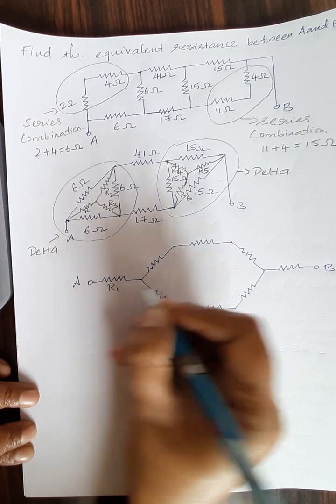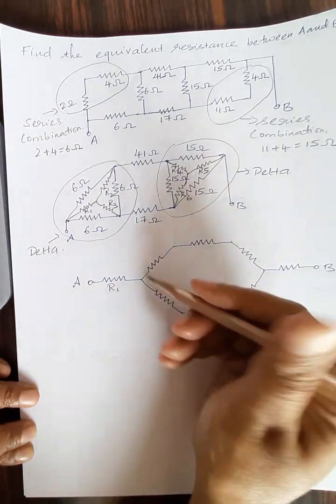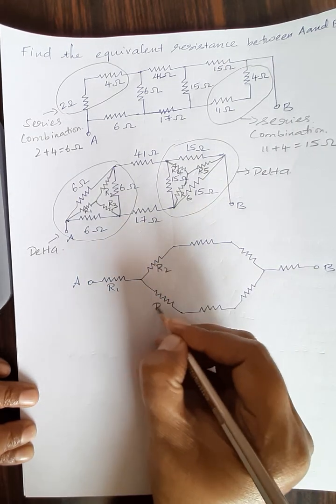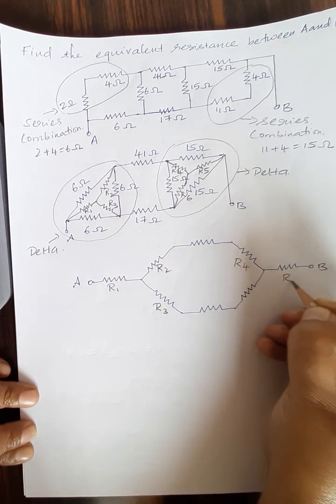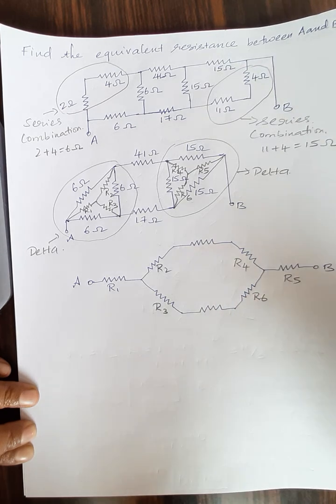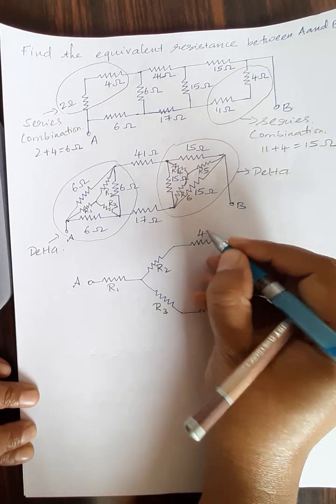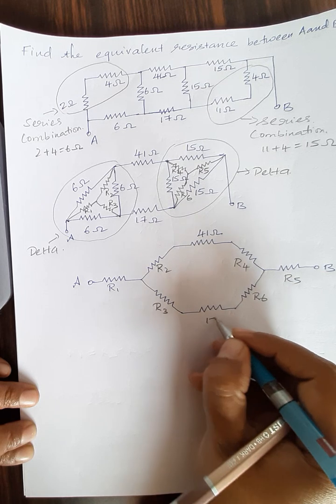This is R1, R2 and R3, R4, R5 and R6, and remaining resistance will be as it is, 41 ohm and 17 ohm.